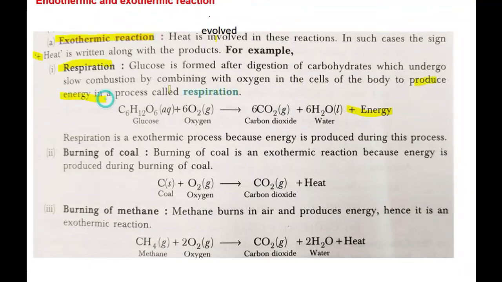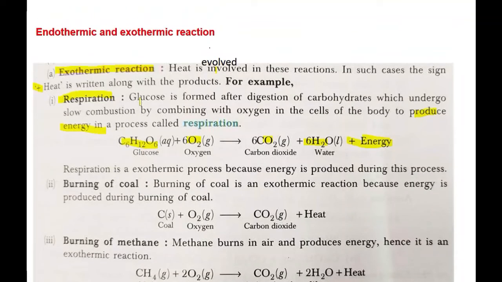After reacting with oxygen, glucose forms CO2 and water and releases energy in the form of ATP. So in this reaction, energy is coming out. Heat is coming out, and this reaction is called an exothermic reaction.